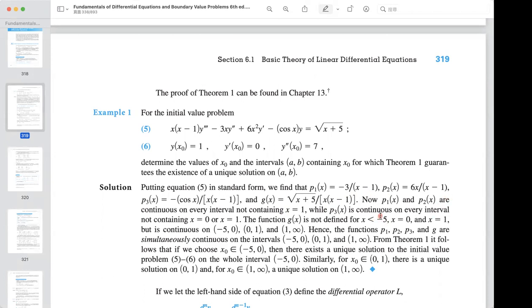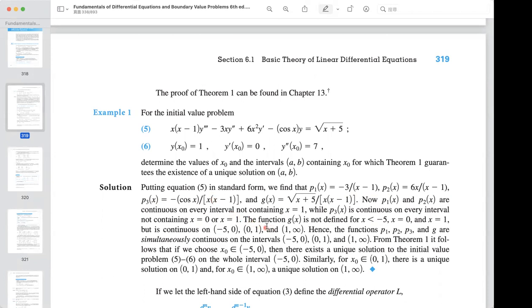The same, you cannot have this interval contain x equal to 0 because you will make the denominator in P3(x) equal to 0 again.